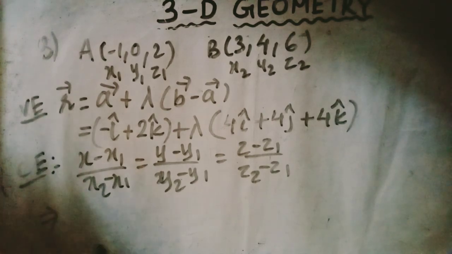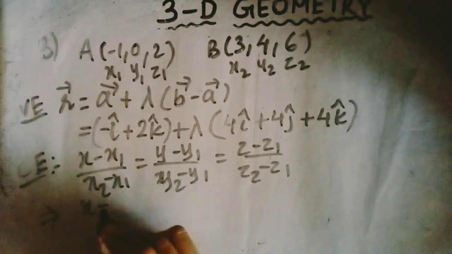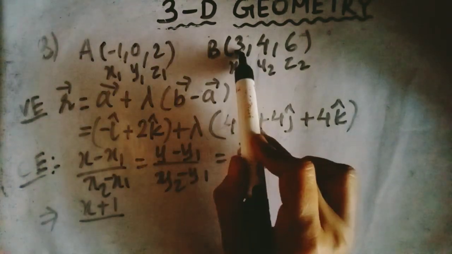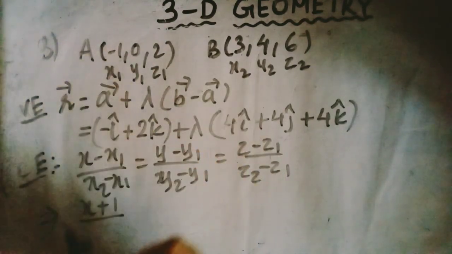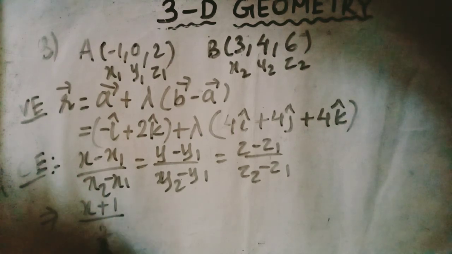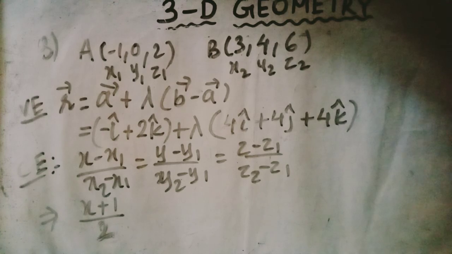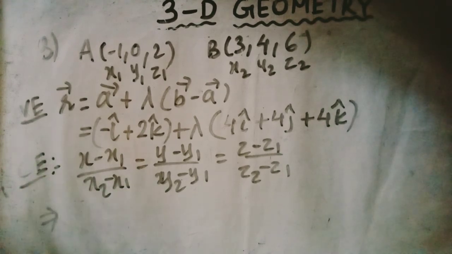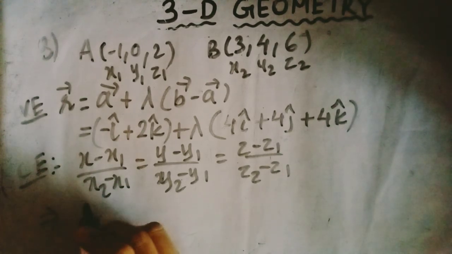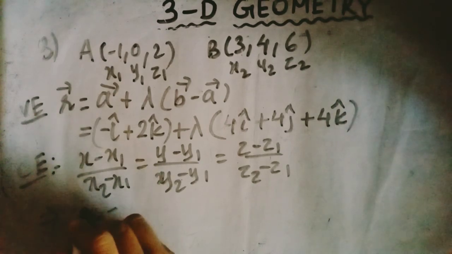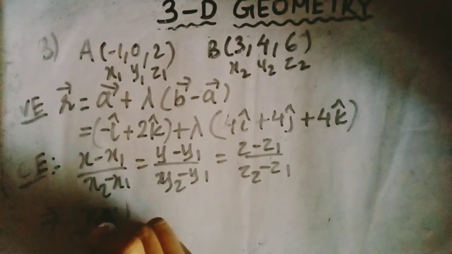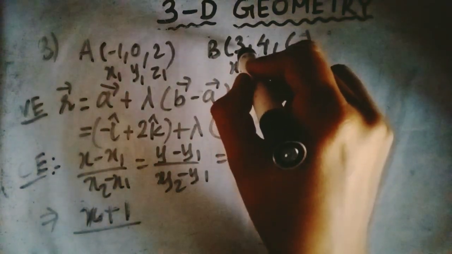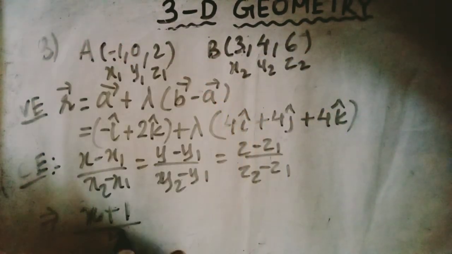So x plus 1 upon x2 minus x1, that is 3 minus of -1, so 4.